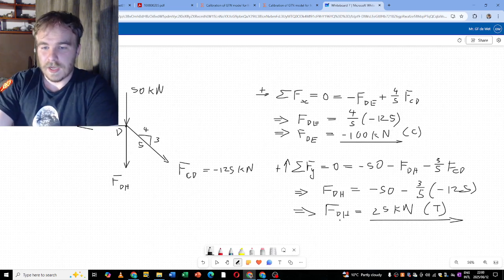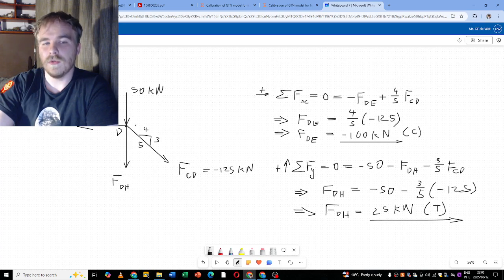All right, and FDH. We have the 15 kilonewtons pushing down. And then the FCD is actually also pushing up. And it is quite a large force, but it also has a component, so we're expecting a relatively small value in this case.